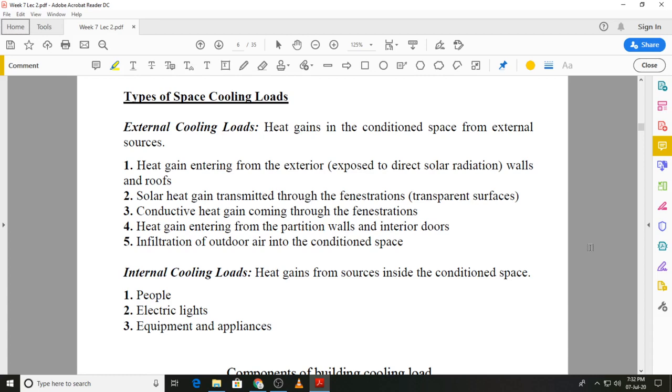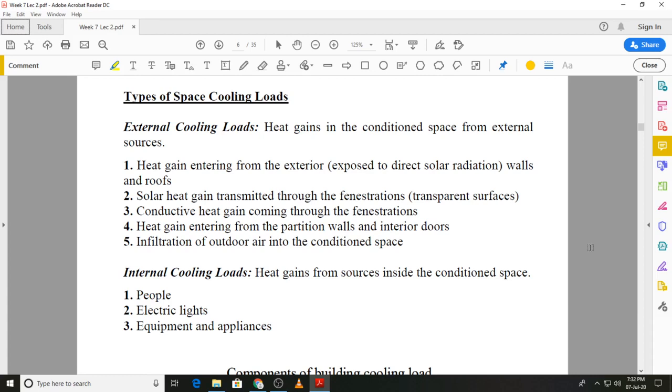Keep in mind that when solar radiation or thermal radiation is incident on the surface, there are three things that can happen. Part of it can be reflected, a part of it can be absorbed, and part of it can be transmitted if the surface is not opaque. So when we talk about transparent surfaces, the portion of the incident solar radiation that is transmitted has to be also accounted for separately.